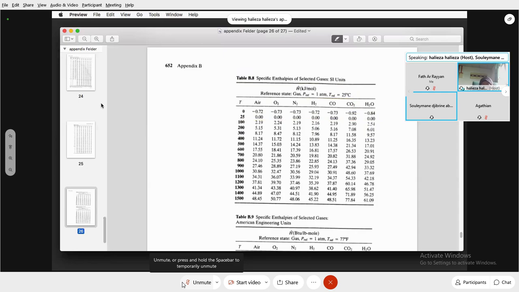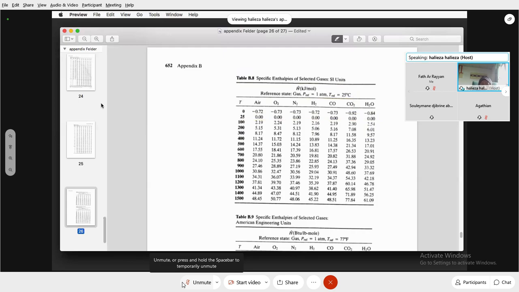There's a slight difference in the values. Yes, a very slight difference, but it's okay because it's tabulated values. I don't think it will make that much of a difference. I don't know why there is a difference, because the data should be close enough.